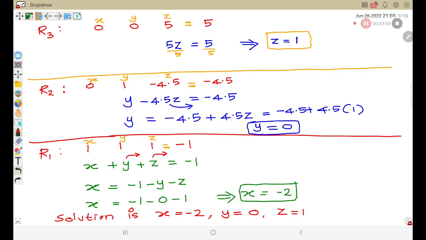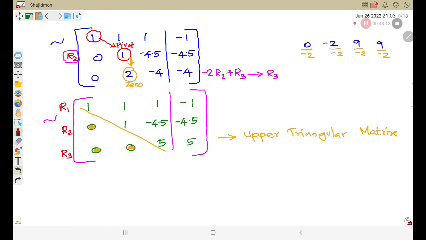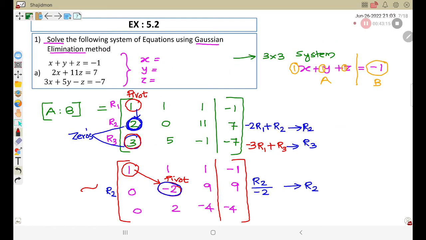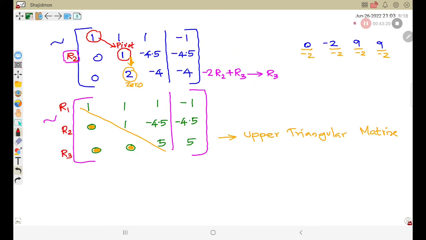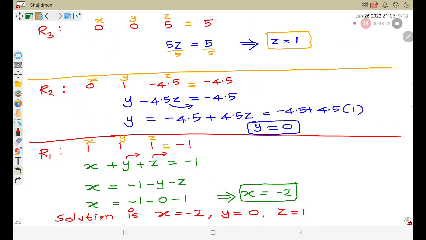This is the solution of that simultaneous linear system, by using Gaussian elimination with backward substitution. So I hope you understood how we are doing Gaussian elimination by backward substitution. There are too many steps, but when we do it by calculator, it will be easy, not much difficult.